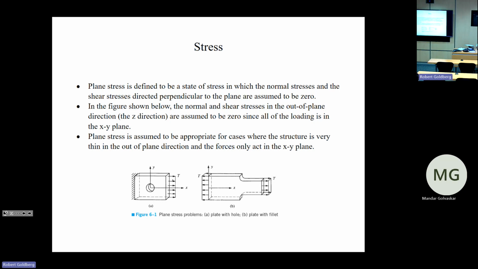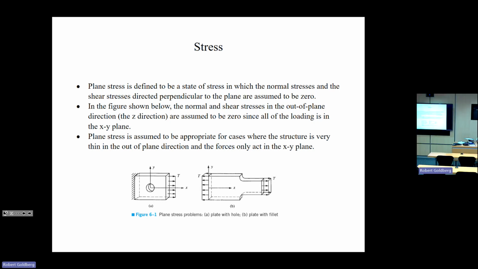So, these are just a couple of kind of cartoony applications of where plane stress is a valid assumption.